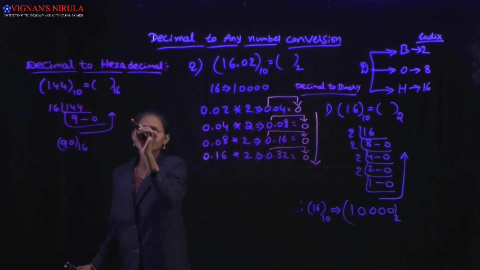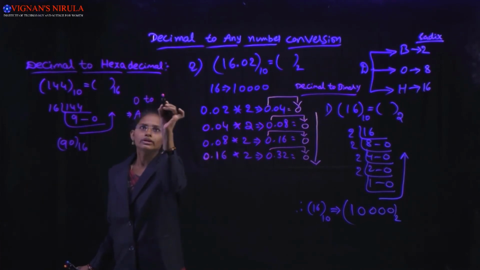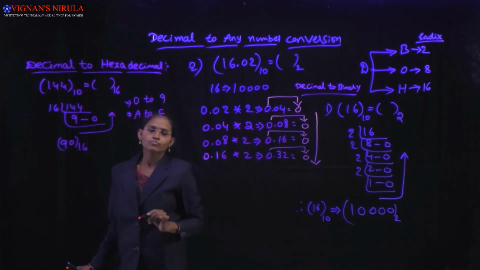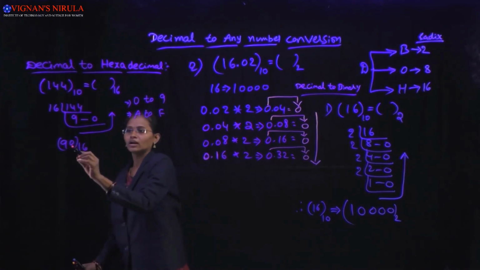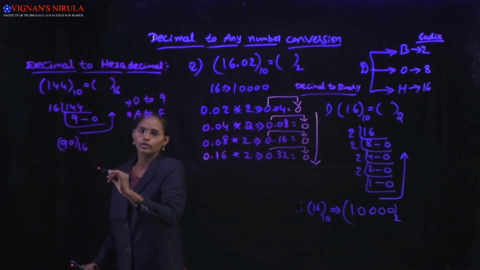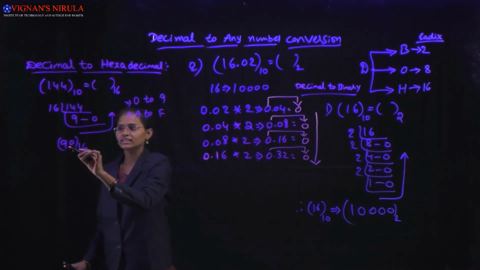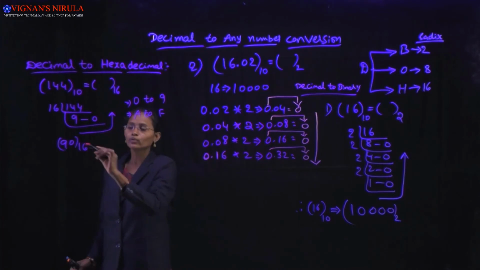In hexadecimal the number representation is 0 to 9 and A to F, so the result is either 0 to 9 or A to F only.